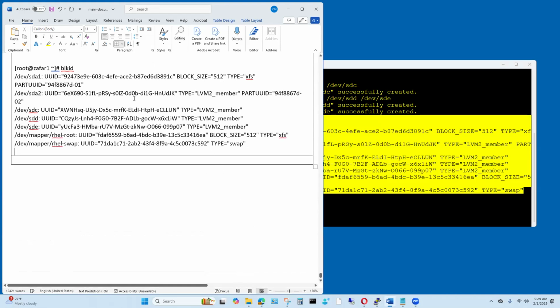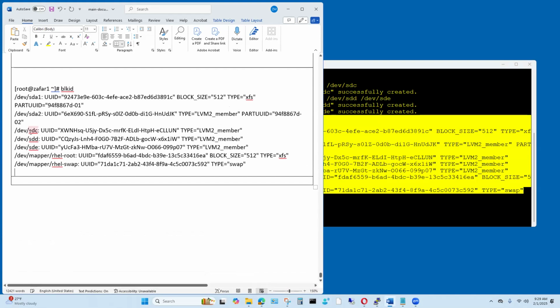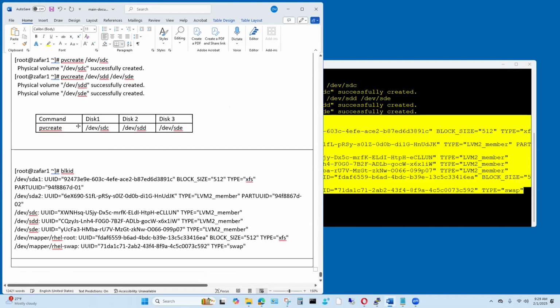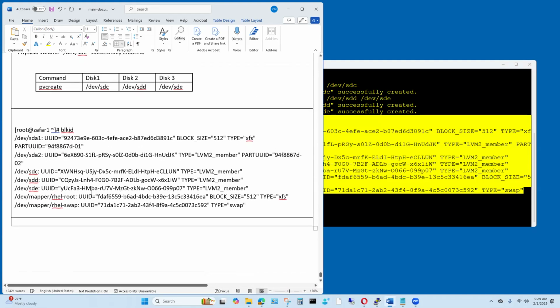The output is for the system: when we run pvcreate, it registers with the system to start using it as a logical volume. So these are logical volumes 1, 2, 3 that we just created. And this other one is there because it was created by the operating system.